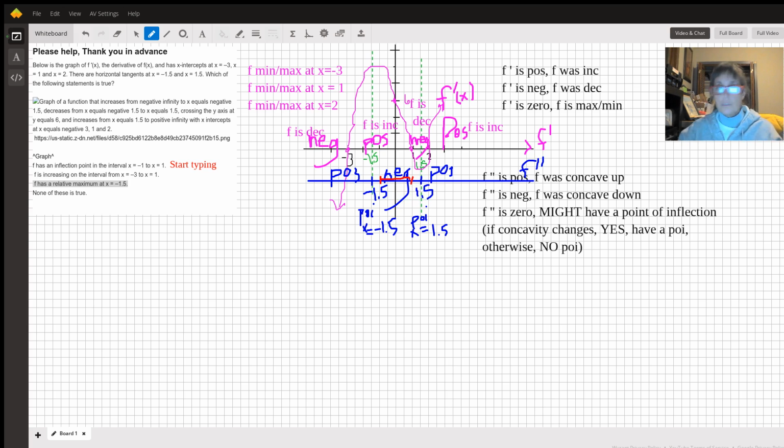No, the inflection points are at positive 1.5 and negative 1.5, outside of there. Therefore, this answer is no, this is not true.